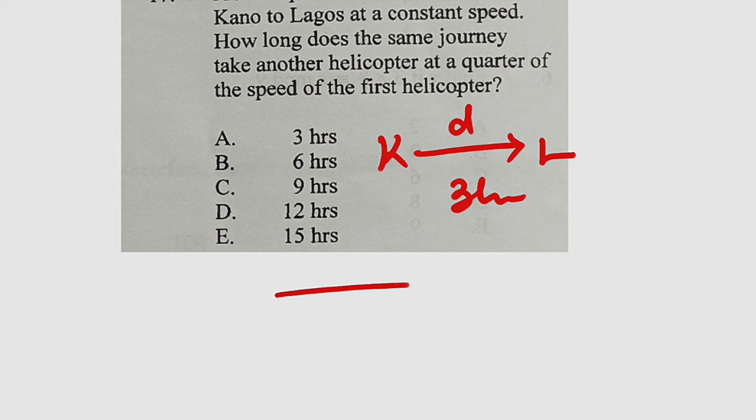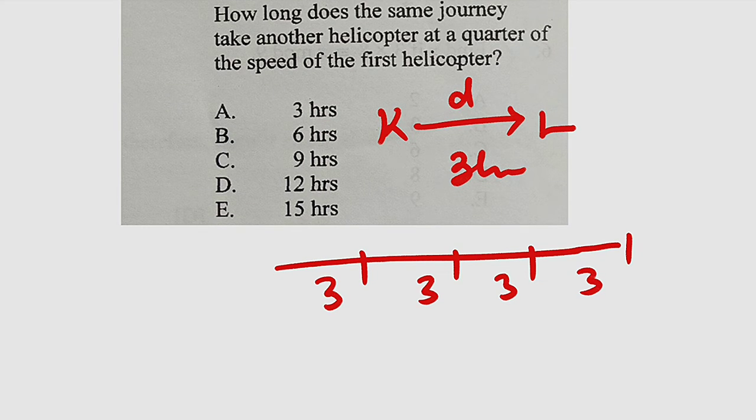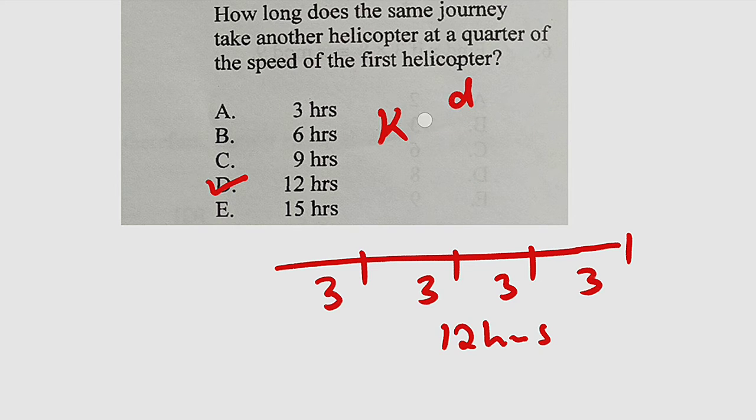The journey will be partitioned into 4: 1, 2, 3, and 4. And every single one will cover 3 hours. 3 here, 3 here, 3 here, and 3 here. So if you combine all the 3s, we have 12 hours, right? Which is option D. But let me show you the step-by-step on how to work it out.